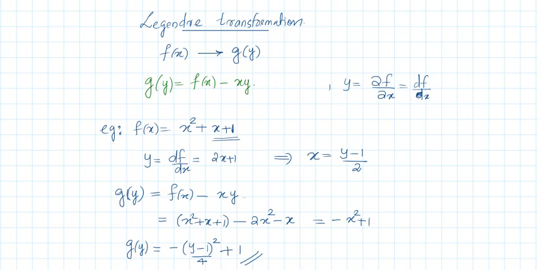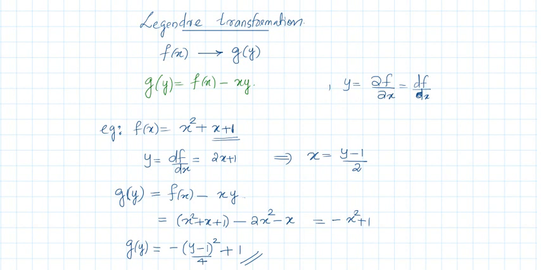Suppose you have a function of a single variable, and the independent variable is x. So f is a function of x, and you want to find a function g which is a function of another variable y, and this y has a dependence on x and f, and that is nothing but y is dou f by dou x.